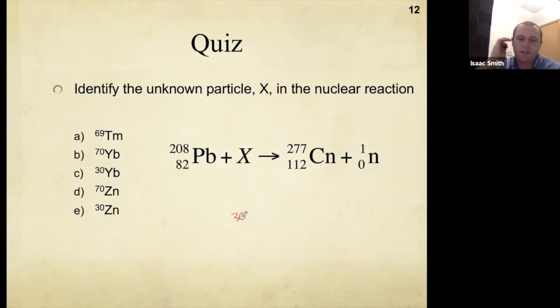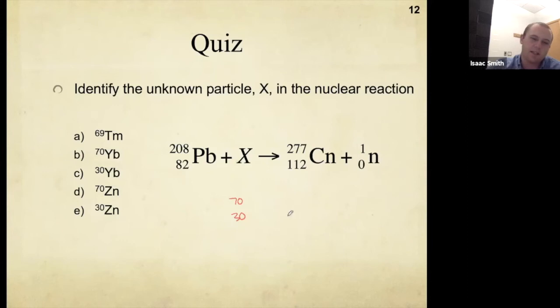Okay. And then for the mass units, you have 277 plus 1 is 278. And then the difference between 278 and 208 is 70.